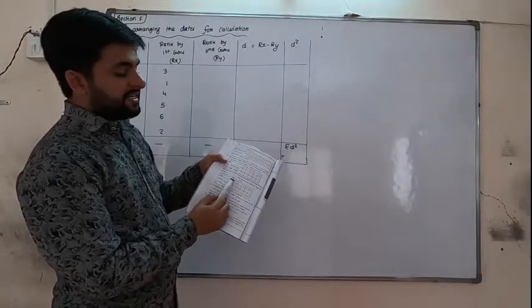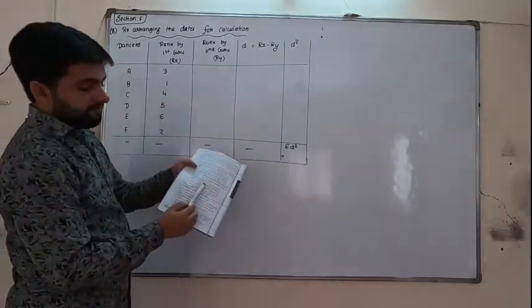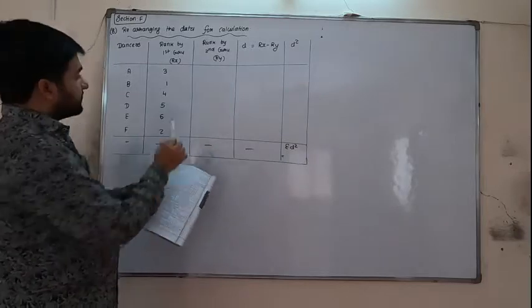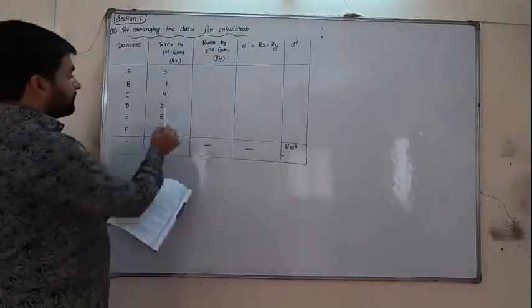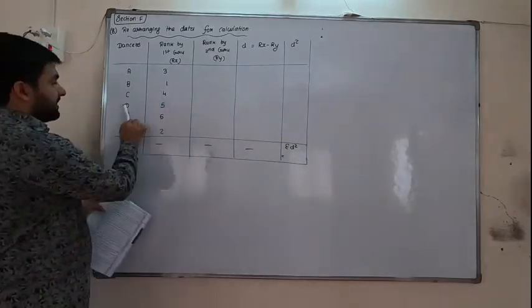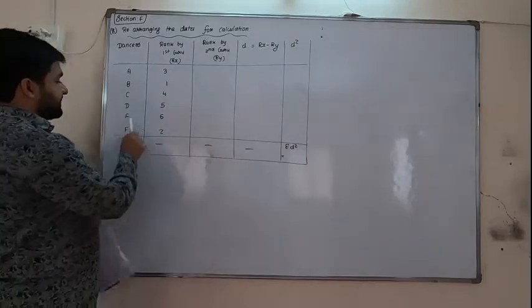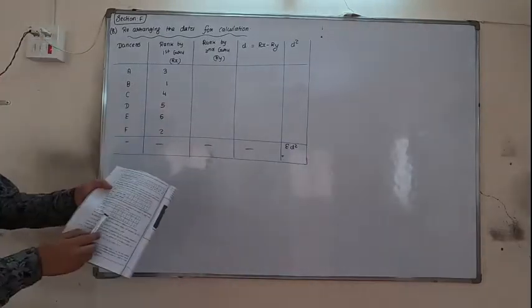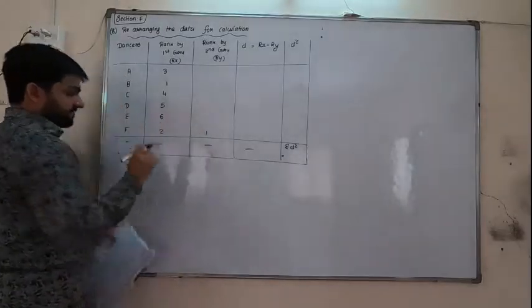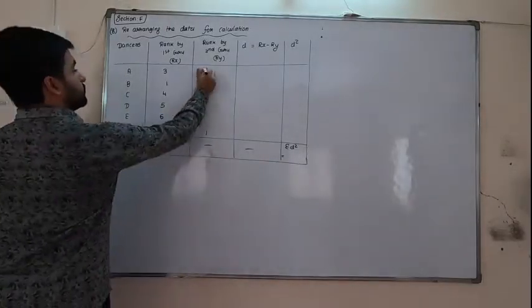What I have done, I have just seen the ranks. For first guru, B is 1, so B1. F2, so F2. A3, A3. C4, C4. D5, D5. And E6, so E6. Now for second guru, F is 1. A is 2.